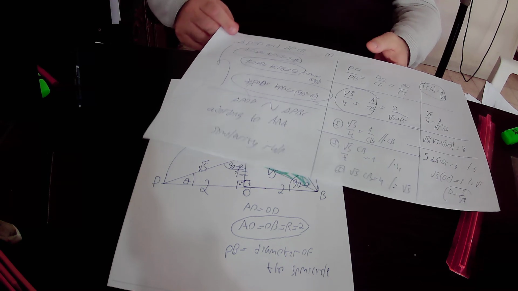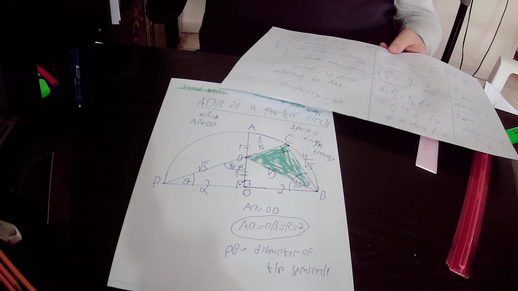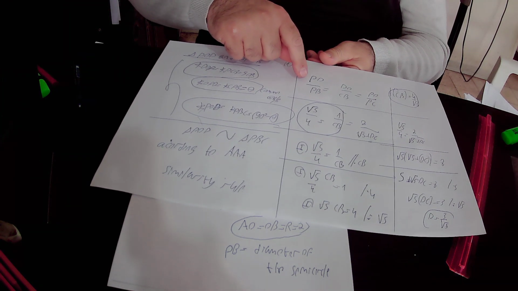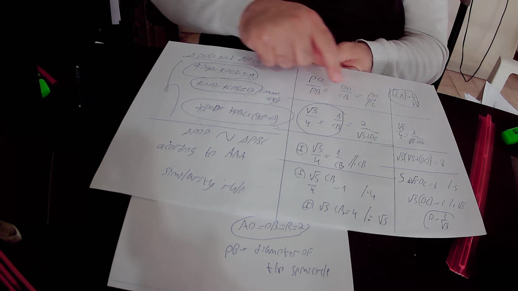And from the fact that those two triangles are similar to each other, we derive that PD over PB equals DC over CB equals PO over PC.